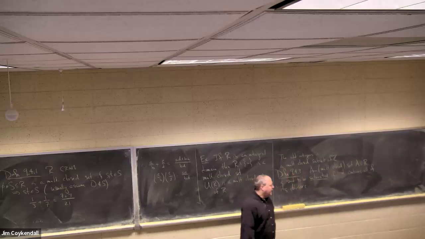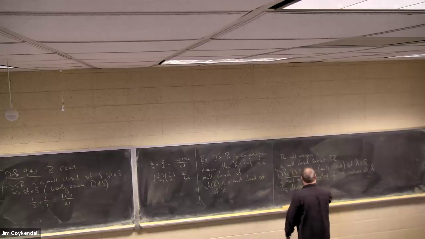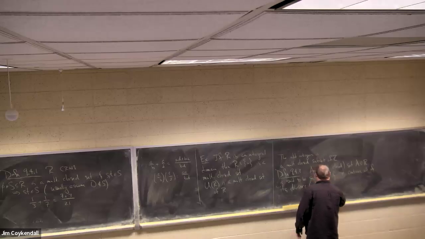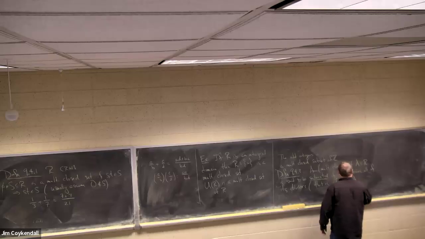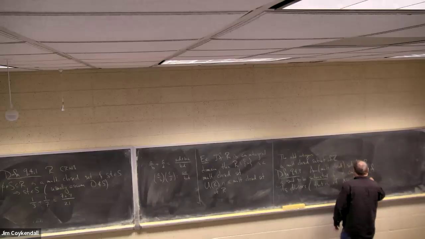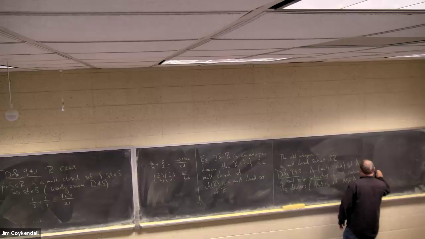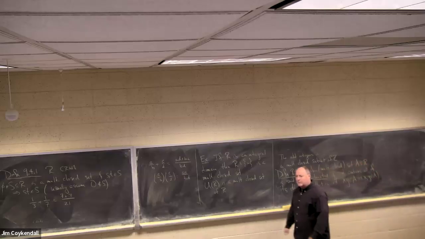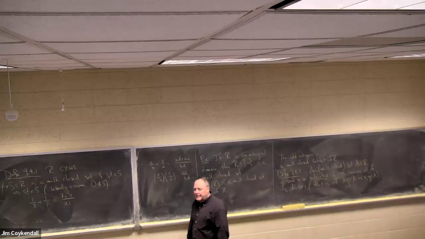Let me be more precise. If X times Y is in this set, then X and Y are in this set. So it's kind of a dual notion: a multiplicative set contains all its products, a saturated set contains all its divisors.